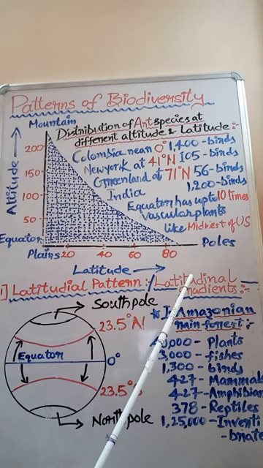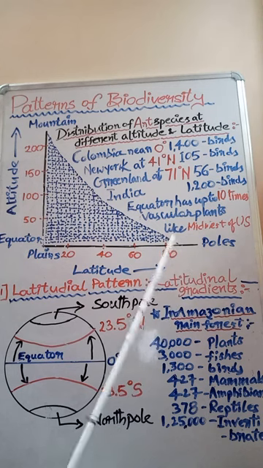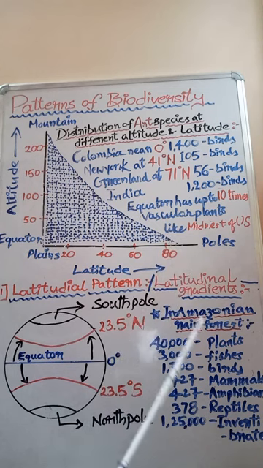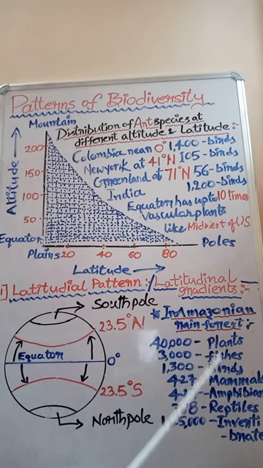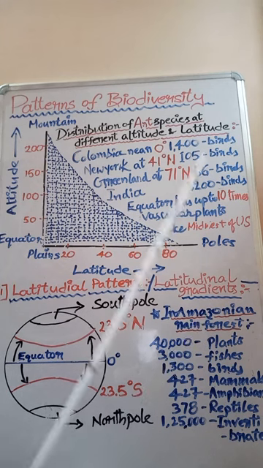Scientists estimated that in these rainforests there might be at least 2 million insect species. How many? 2 million insect species are waiting to be discovered and named. See what a great, amazing thing we can see in the Amazon forest, exclusively in the Amazon forest only.